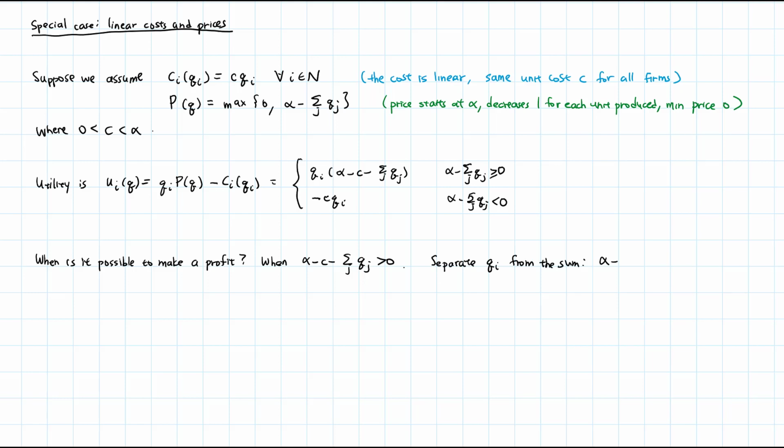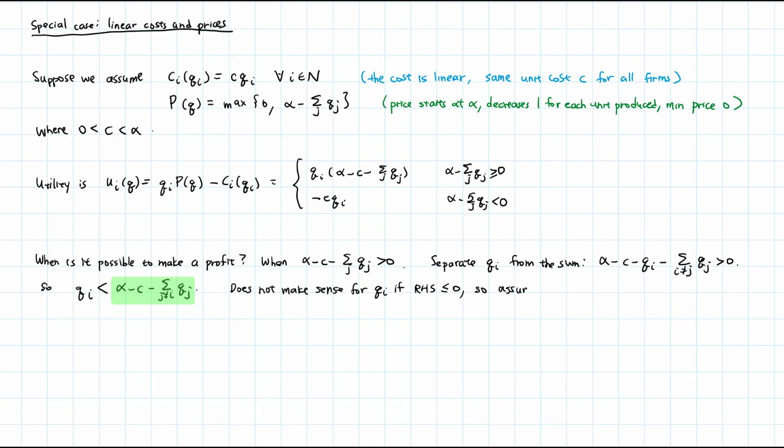So alpha minus C minus Qi minus the sum of Qj's that are not i's is greater than 0. Rearranging this gives us an upper bound on Qi. Now, it does not make sense for Qi if this right-hand side expression is less than or equal to 0. So we will assume that the right-hand side expression is greater than 0.